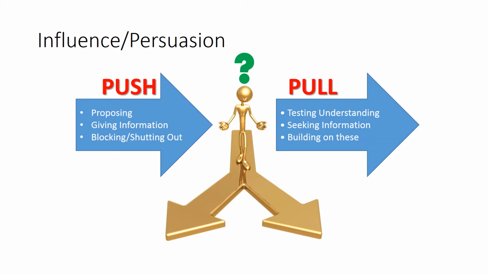And if the relationship between the two parties is new, or there is a history of mistrust, you might want to pull them rather than push them. And also, when push has failed, then moving to pull can be quite a useful tactic.